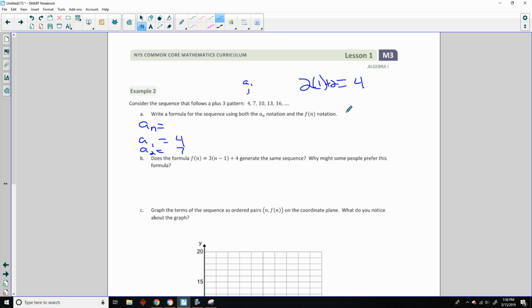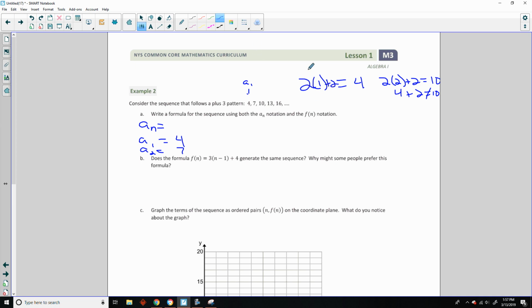But if I added 2 to that, then that does equal 4. So there's my first term. Then if I take my second term and use the same rule and add 2, do I get 10? Well, that's 4 plus 2, and that definitely does not equal 10. So 2 times n plus 2 didn't work.